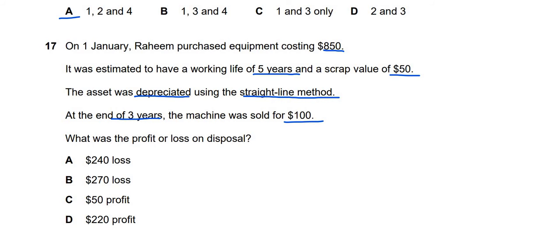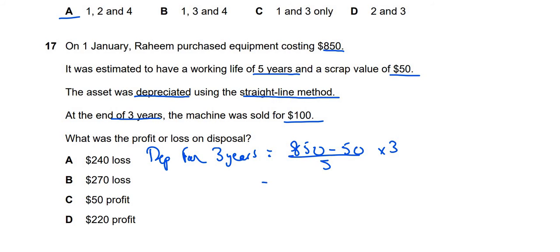So look, we will first calculate depreciation for 3 years. It's going to be 850 minus scrap value, cost minus scrap value divided by number of years, and because we are calculating for 3 years, we will multiply it with 3. So this actually becomes 800 upon 5 multiplied by 3, which means 160 multiplied by 3, 480.